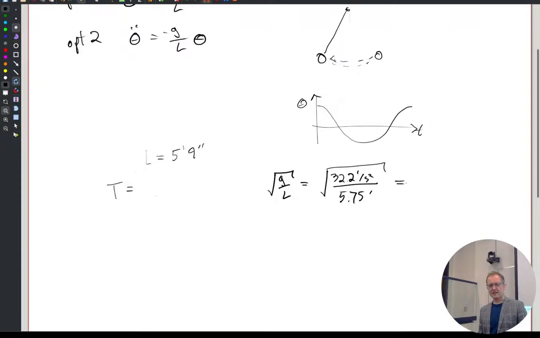What is that? So I said 5.9 over 12, 5.75. What are we calculating? Root g over L. What is that thing? Maybe with frequency, like how frequent the rotation is. It is, so it's a unitless frequency for how many radians. And it's confusing because we're measuring radians for motion, but radians are also describing how far along we are.